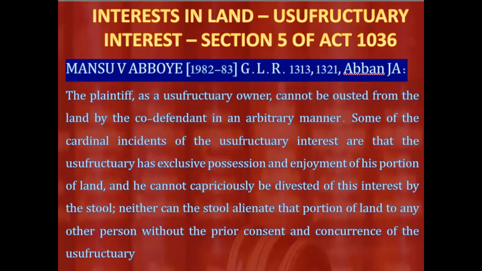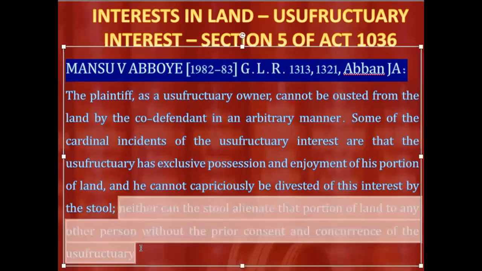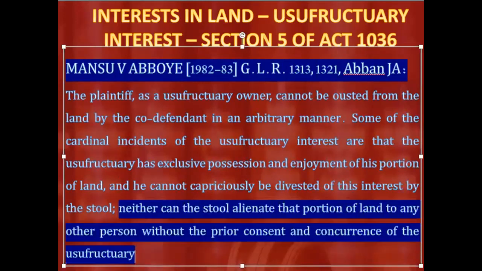But if you read Mansu and Aboye, you will see that the law has been held that when a subject has acquired the usufructuary interest by reducing an uncultivated land into his possession and developing same, he holds it forever, and the allodial title holder cannot even re-enter the land or give the land to a third party without seeking the consent of the usufructuary holder.